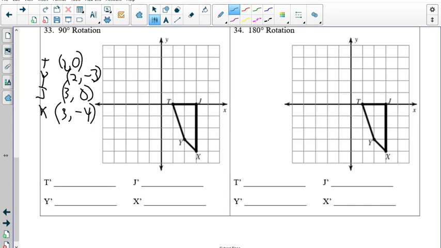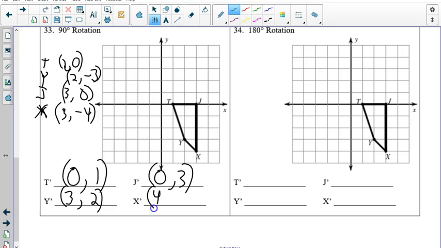So for a 90-degree, the Y is going to move to the front and become opposite, but there is no opposite of 0, and the 1 just moves. For Y, the -3 is going to move to the front and become positive, and the 2 just moves over here. For the J, again, there is no opposite of 0. The 3 just moves over here. And for K, I'm sorry, not K, X. For X, the -4 is going to move to the front and become positive, and the 3 moves here.